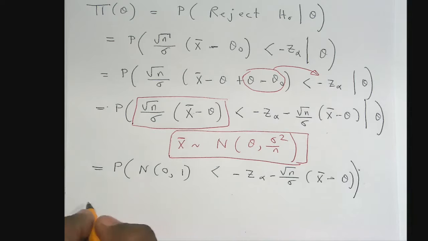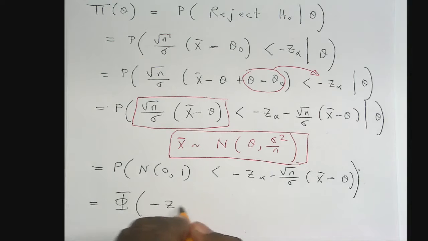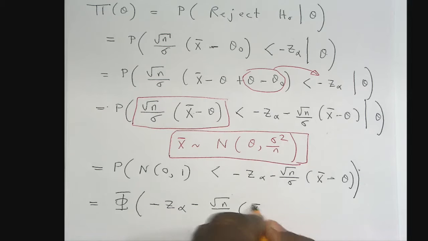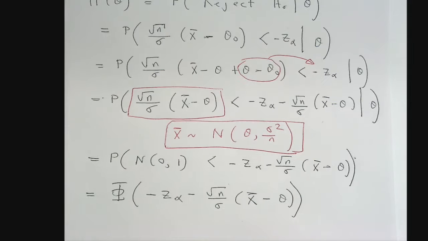So this becomes phi, the CDF of the standard normal at... okay. So that's question 1. Question 2 is similar. This is pretty routine, and we have done this several times already, guys. Is this clear to all of you or no?